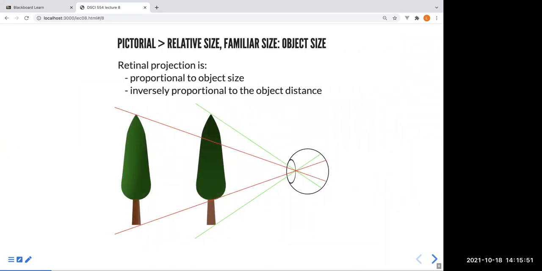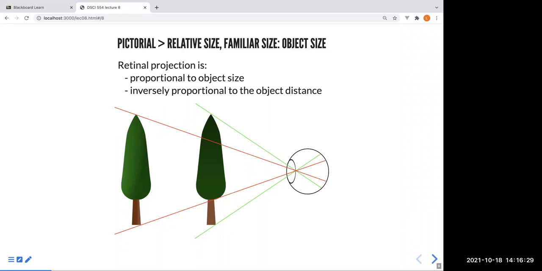Relative size, or familiar size, has to do with the fact that we have learned the size of certain objects. So both the knowledge of what the object is and what its normal size is are used by the brain. And whenever the object is seen, it creates a projection on the retina that is inversely proportional to its distance.